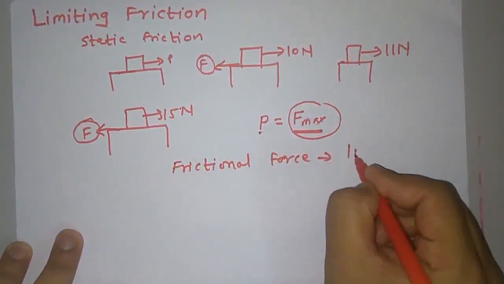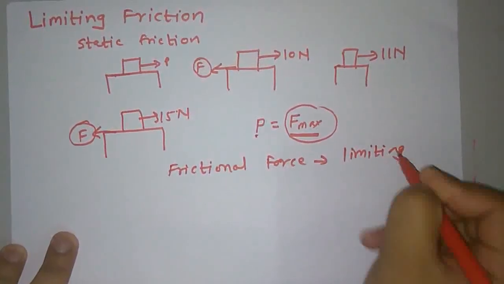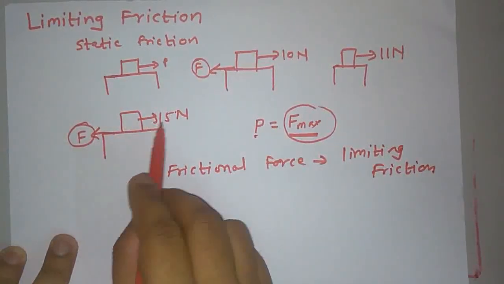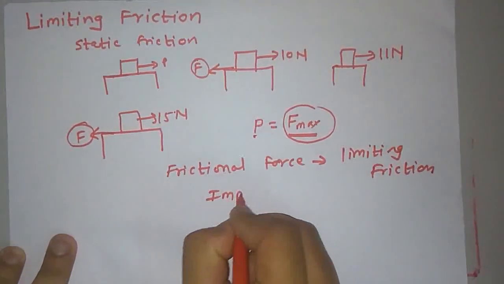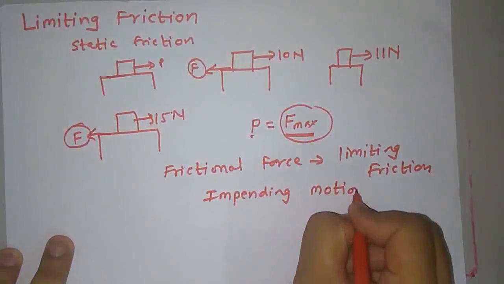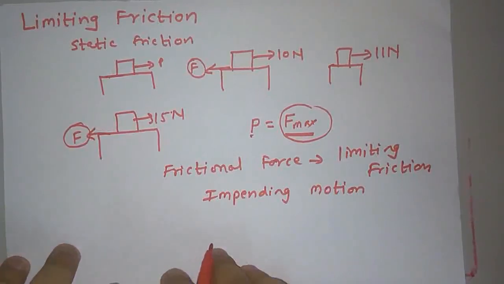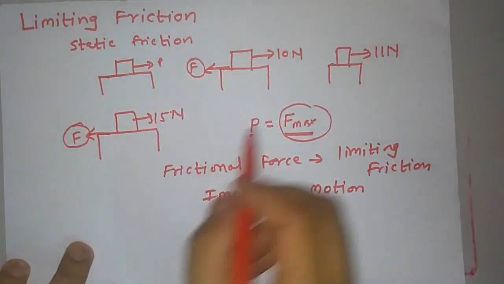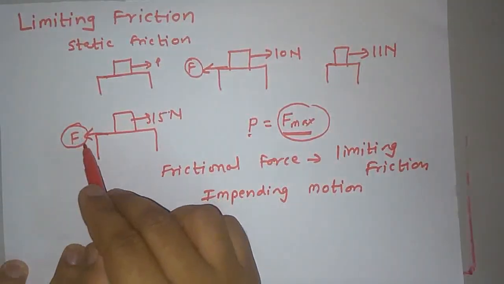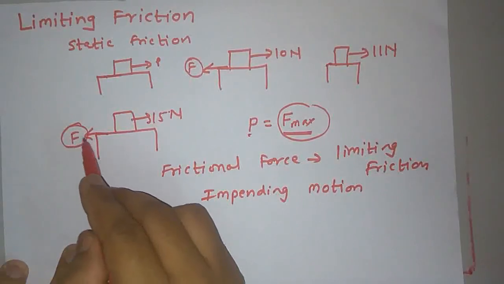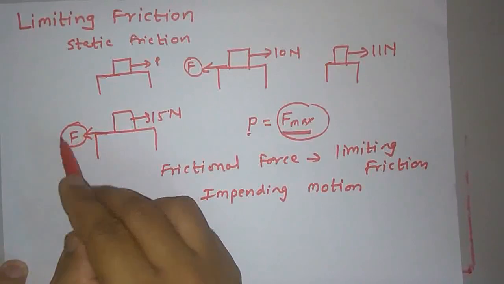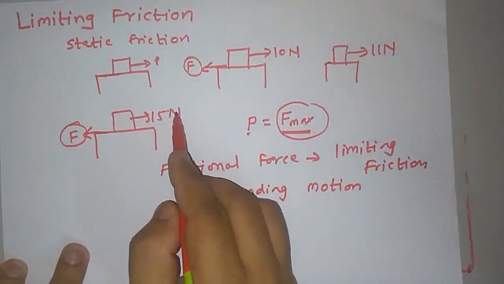that frictional force is known as limiting friction, and that motion is known as impending motion. So what is happening here? Though we are increasing the force, this block is not moving, because the frictional force has one property: it adjusts its magnitude when we increase the force.